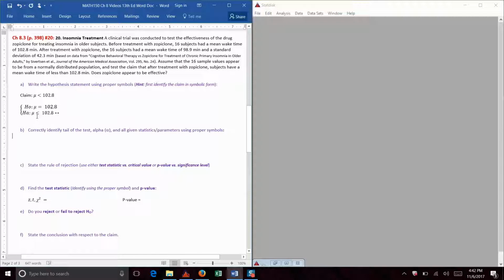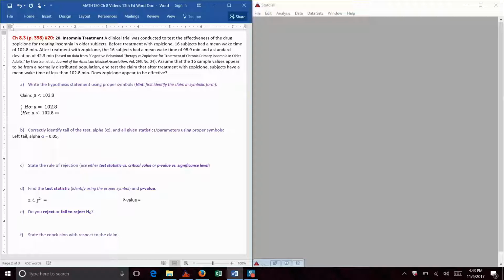Now, the tail of the test: since the alternate hypothesis is pointing to the left, this is a left tail test. Our value of alpha is not given here. And whenever we get a significance level that's omitted, we can always go back to our default. So here we're going to go with our alpha, or if we want to write that symbolically, we're going to use 0.05, and hopefully our choice of alpha doesn't become an issue, but we'll see how things play out.